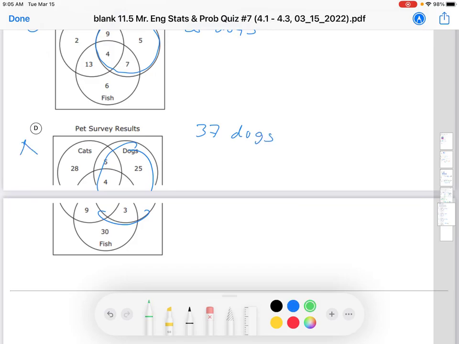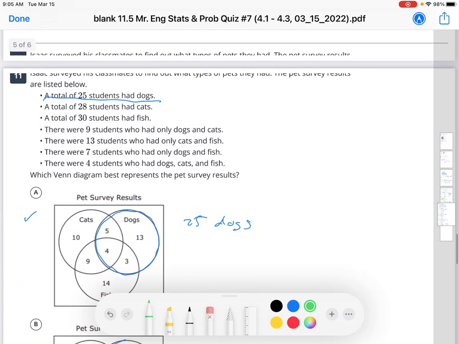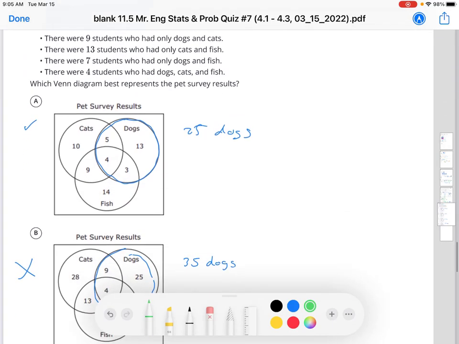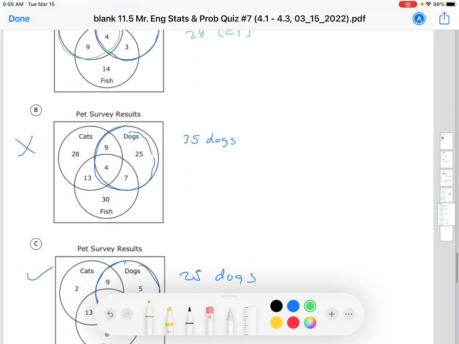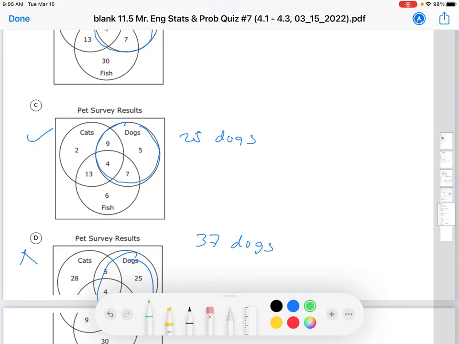Okay, now what else we got? 28 cats. So 19, 23, 28 cats. Is that what we wanted? Yes. Let's go just to the check mark ones now. 15 plus 4 is 19, 19, 28 cats.